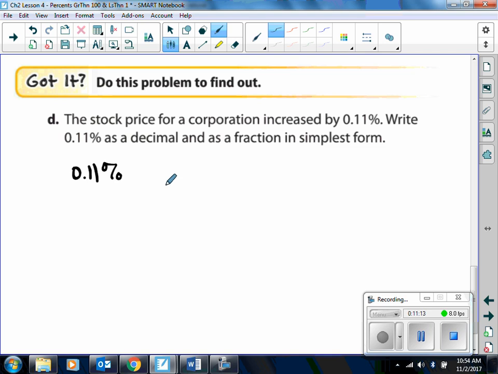Now, if we're going from percent to decimal, which way do I move the decimal again? To the left. How many places? Twice. 1, 2. And then don't forget, once you change it from a percent to a decimal, you take the percent sign away. And what do I do with this little blank space right here? We annex a 0. Very good.